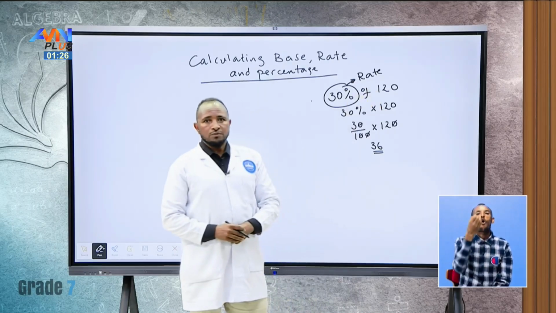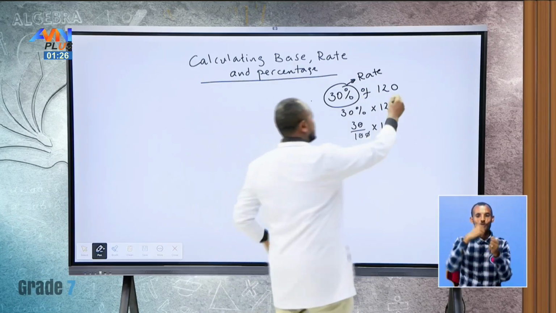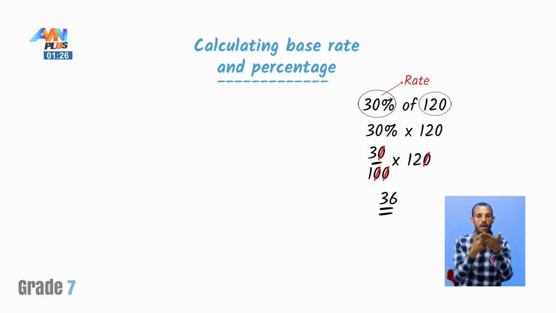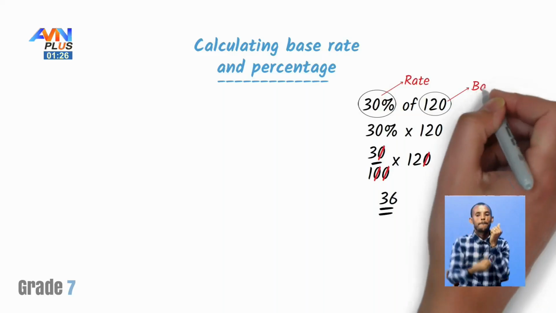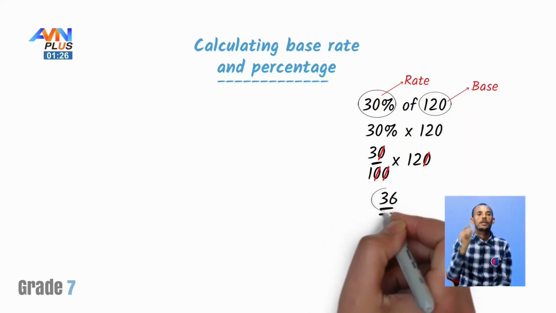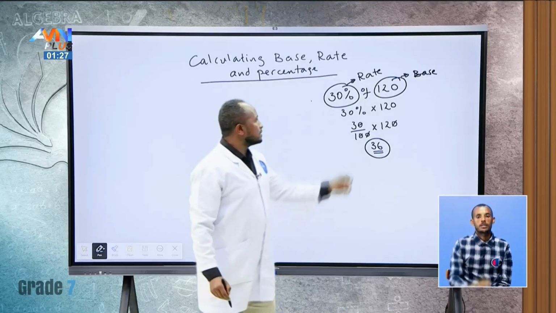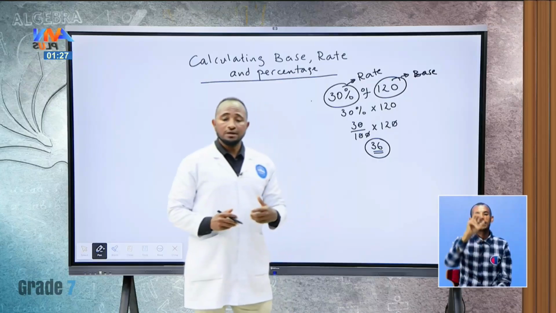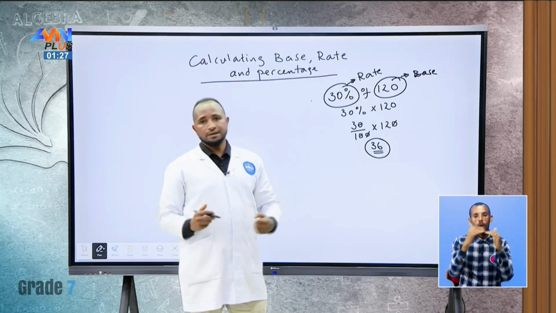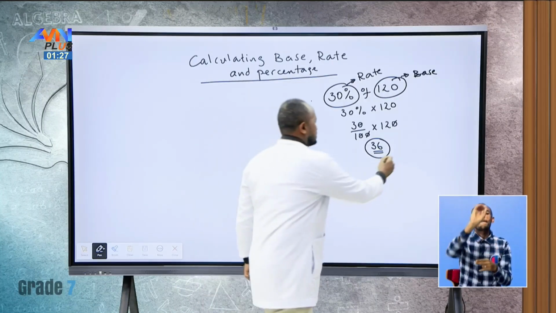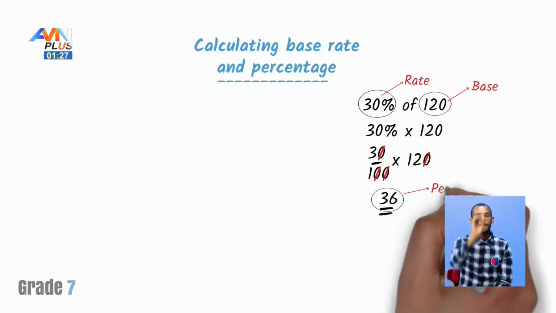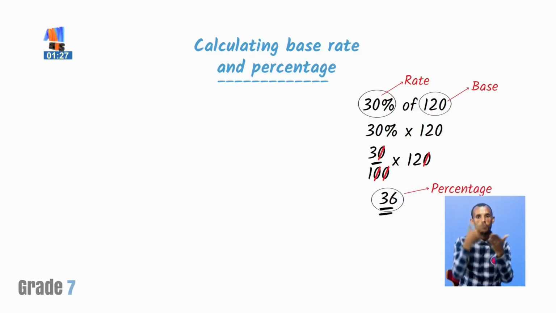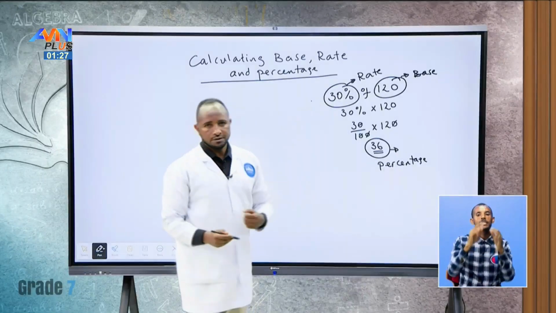It's always preceded by "of". Therefore here this 120 represents the base, and this 36, a certain percent of the total quantity, we call it the percentage.